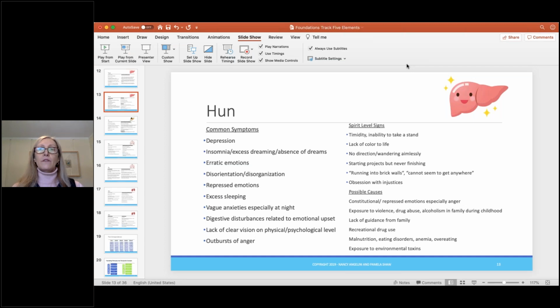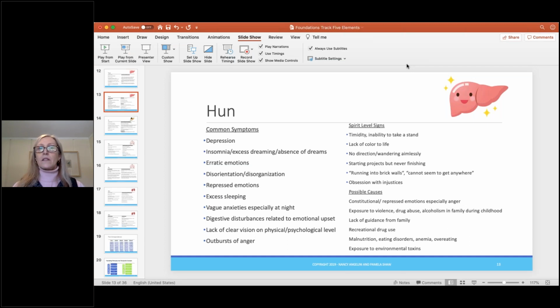That is something that can very much damage the Hun. And a lack of guidance from family, especially parents, where parents just sort of say, well, you'll figure it out, right? Instead of, here, sit down, let's talk about this. Let's learn what discernment is and try to figure out if we can make good decisions together, like modeling that.